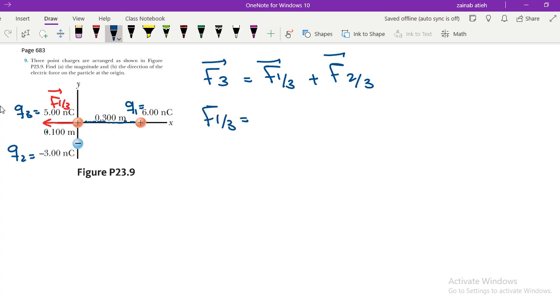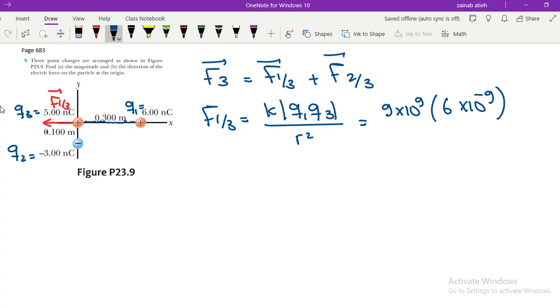F1 on 3 is equal to K absolute Q1 Q3 over R squared, the distance between 1 and 3. It's equal to 9 times 10 to the power 9, Q1 was 6 times 10 to the power minus 9, Q3 was 5 times 10 to the power minus 9.